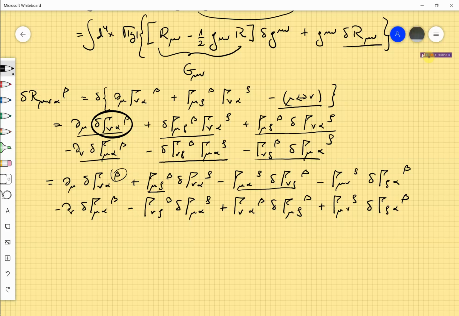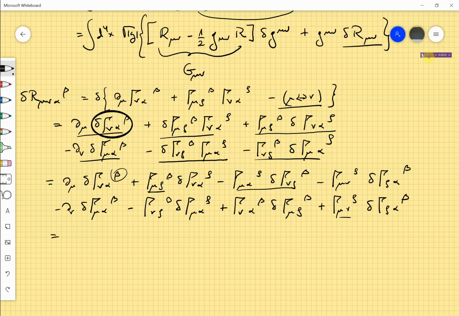And now if I look at the second line, I see that I also have the covariant derivative with respect to nu of delta gamma mu alpha beta. The second line is really what I get from the first line by interchanging mu and nu, and this is true because if I interchange mu and nu and I change the sign, this is precisely what I get, because gamma mu nu is symmetric.